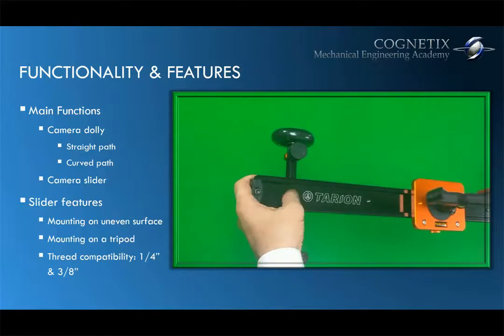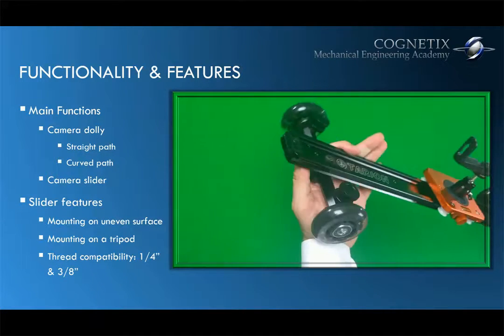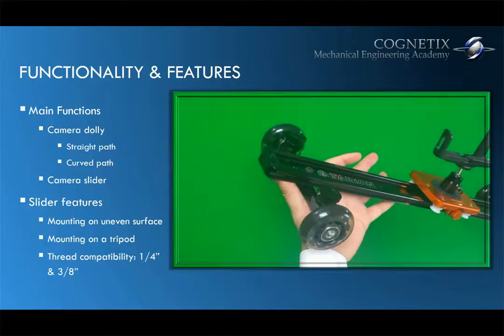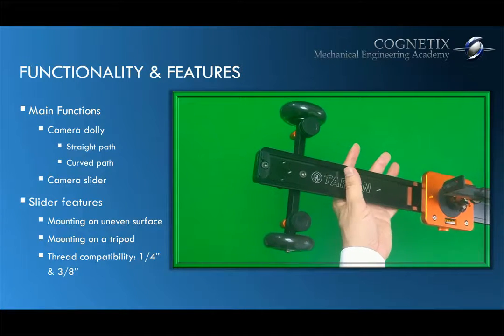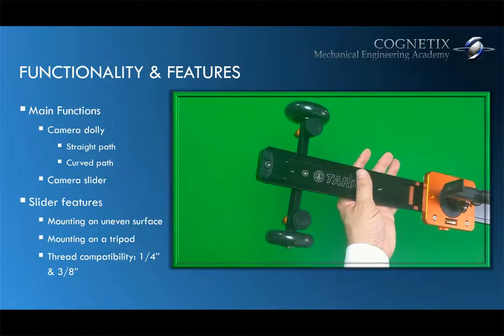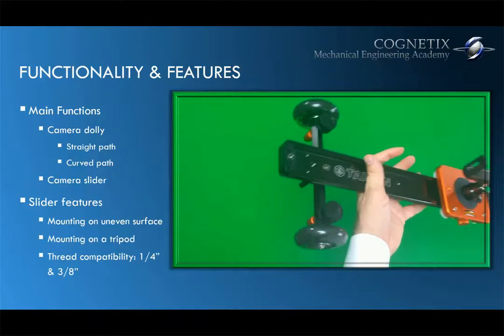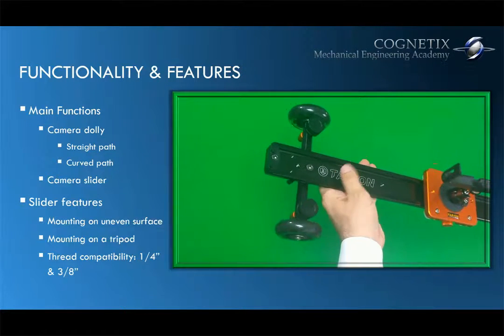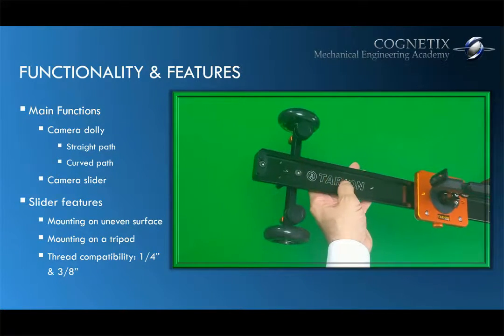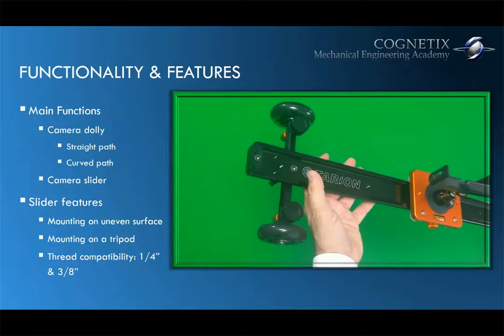This being the Cognetics Mechanical Engineering Academy, we're more interested in what we can learn from the design, the pros and cons, with the end result being that we learn more about its design, its engineering, the reasons behind certain decisions that the product designers made.